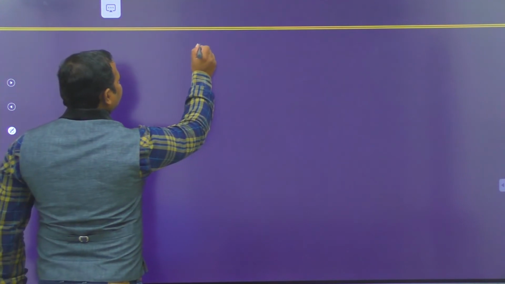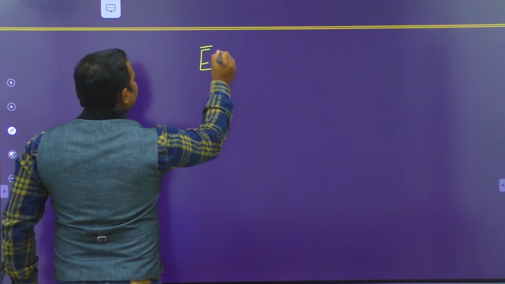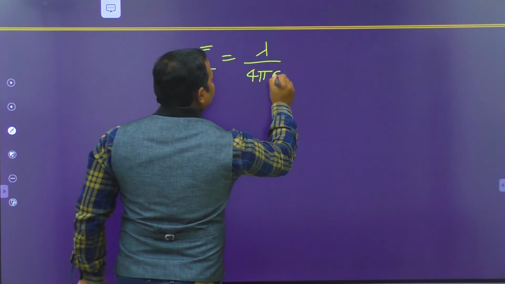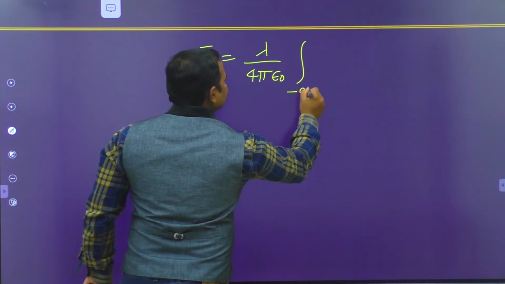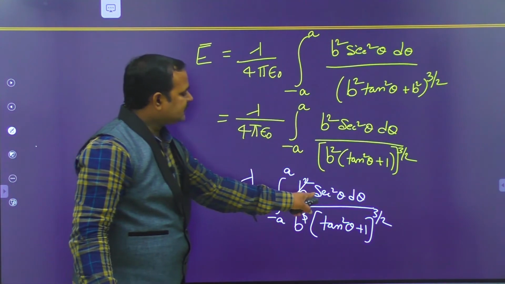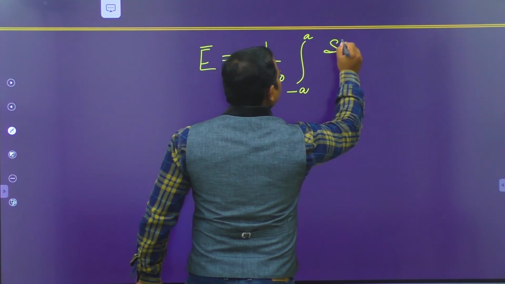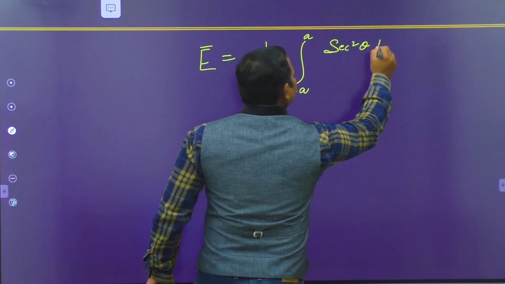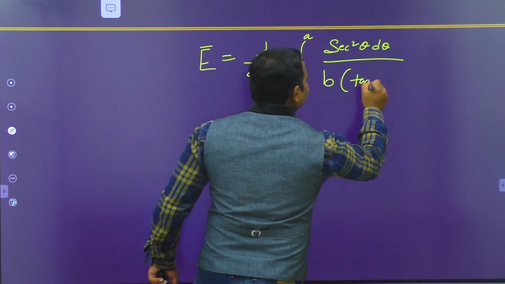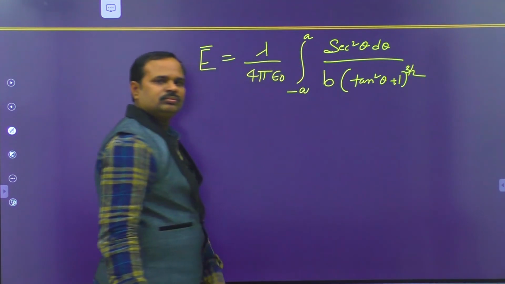Now we can write E bar is equal to lambda by 4 pi epsilon naught, integration from minus a to plus a. Now what is left is only secant square theta d theta by b into tan square theta plus 1 whole power 3 by 2.